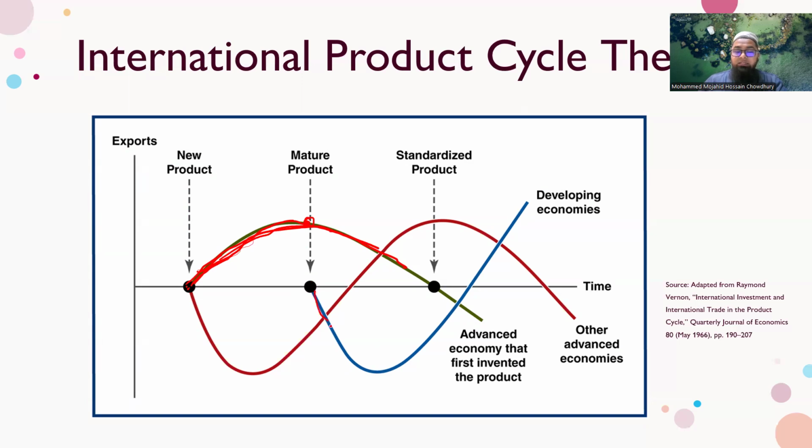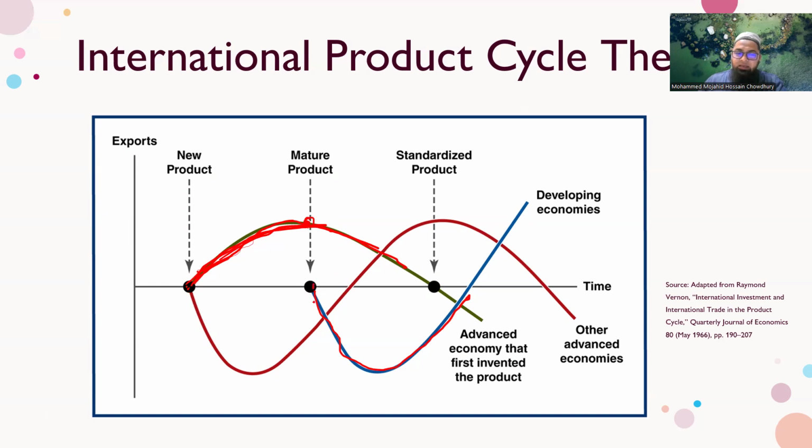At one stage they try to find out copies of this product. Let's give an example. Television started in the 1940s in the USA and Germany, where they produced the television. Technological know-how was not that available, and developing countries like China and India consumed it over time.